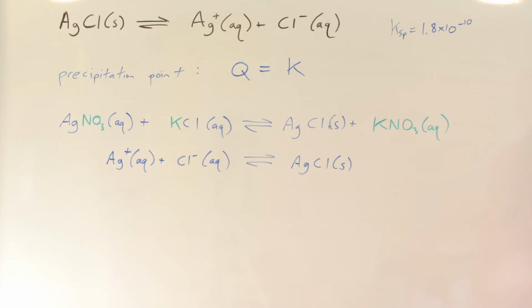Don't think that this is a different equilibrium. It is not. Remember, when you did these as precipitation reactions in intro chemistry or in general chem 1, you would have written this out as a net ionic equation. The potassium and the nitrate would have ended up as spectators. They get canceled out. Well, that's exactly what we're looking at here. Except, and this is a big one, we don't write it in that direction.